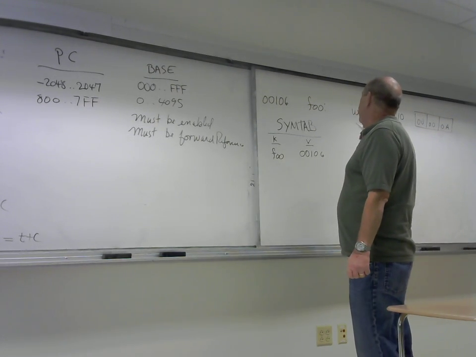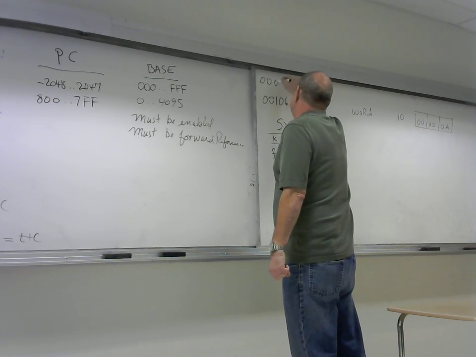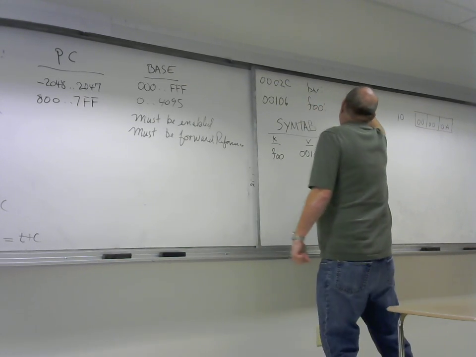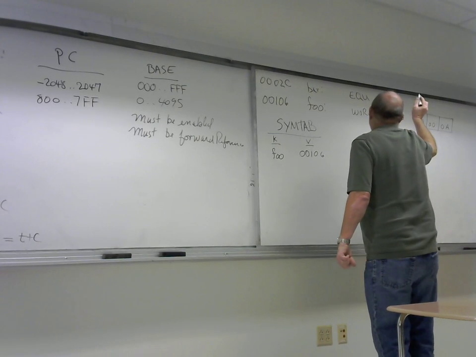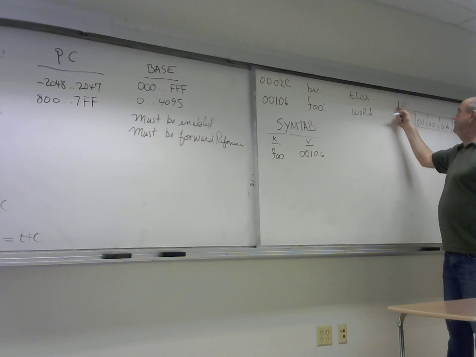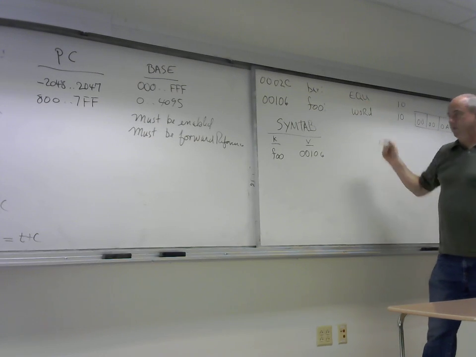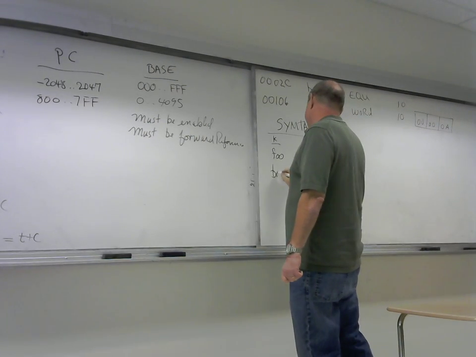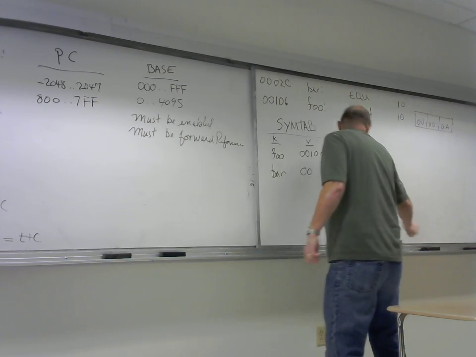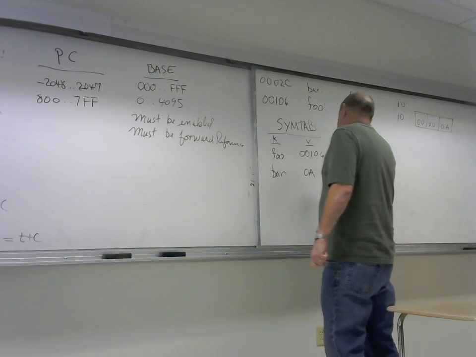Now, we might have had also further up, making this up now, bar EQU 10. What is the value of bar? It's 10. Why isn't it 2C? Because you manually set the value in the symbol table to 10.